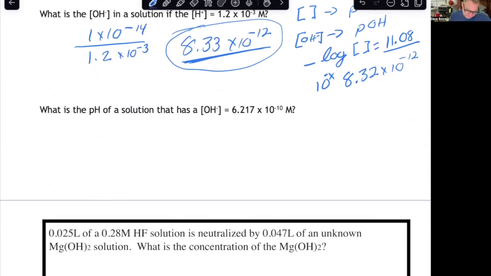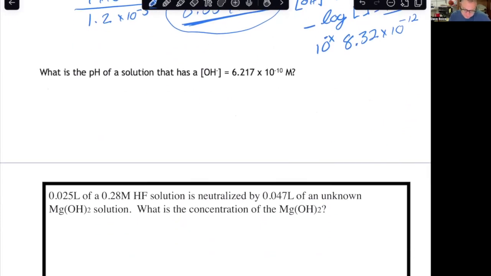Okay, what is the pH of a solution with a hydroxide concentration of 6.217 times 10 to the negative 10? So I want to go first from concentration of hydroxide and take that to the pOH.